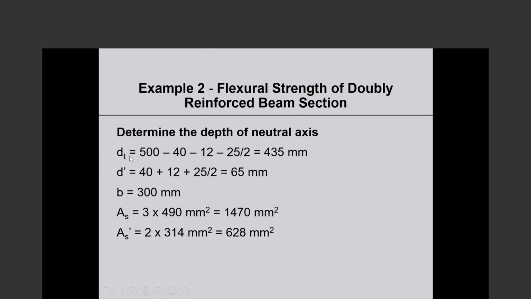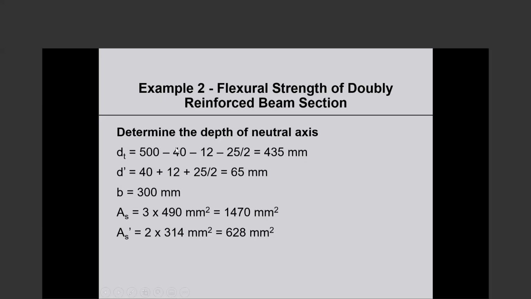Okay, so now we are determining, remember from yesterday, the depth to the extreme tension reinforcement is D sub T. In the previous example, we simply called it D because there is one layer of reinforcement, it does not make any difference. D is the same as D sub T. D sub T as determined in the previous example, 435 millimeters.